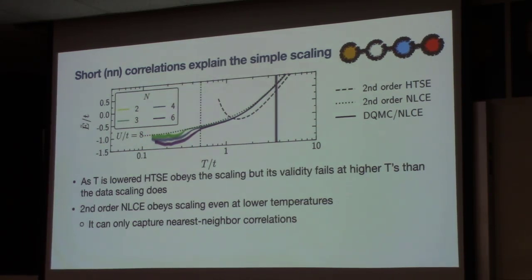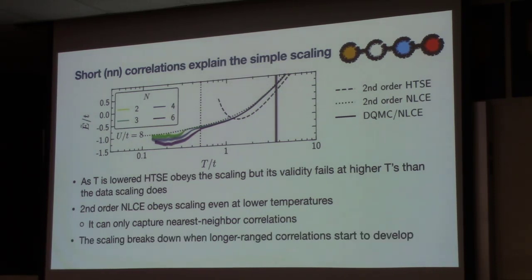So what that means is that this scaling is breaking down where longer range correlations start to develop. And why is that? The dotted line corresponds to, if I'm only solving on 2 sites, I can only have correlations between 2 sites. So necessarily that means this picture, or when the scaling starts to break down, is when we develop longer range correlations.